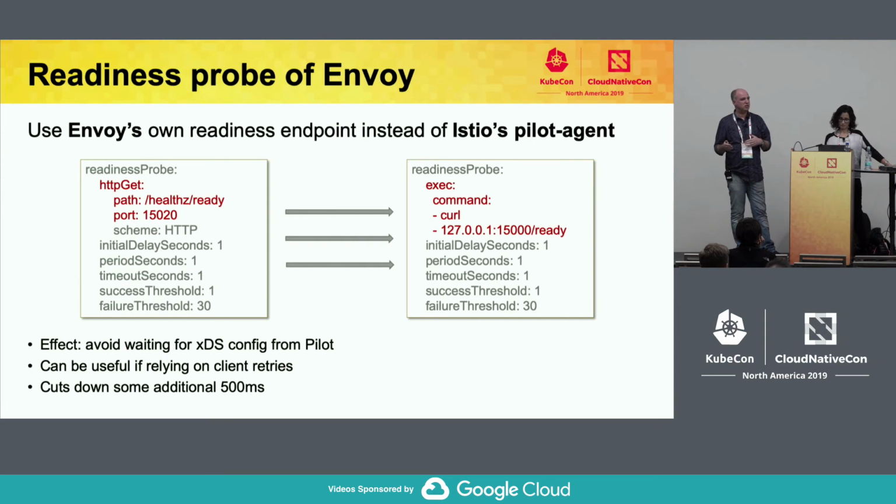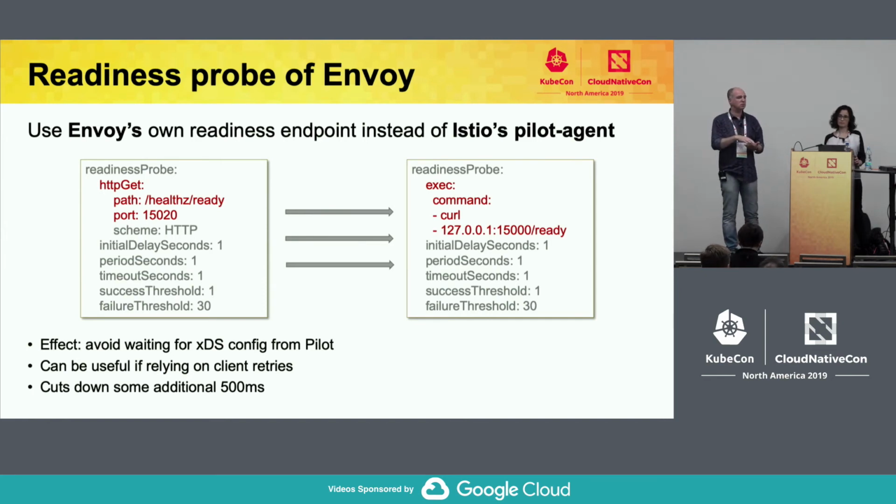The problem with this method is that if Envoy is ready because it had its startup config parsed and the configuration is correct, but it didn't get all the cluster information yet, that means that any kind of connectivity into it might be a problem, or any kind of connectivity out of the workload is going to be a problem.